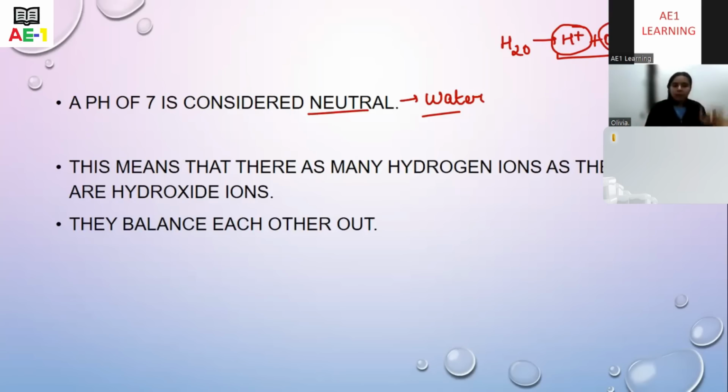So there are as many hydrogen ions as there are hydroxide ions. In this way, the charge of the H positive ions balances out the charge of the OH negative ions. And that's the reason that anything at 7 is neutral in nature, meaning it contains exactly the same number of hydrogen ions as hydroxide ions.